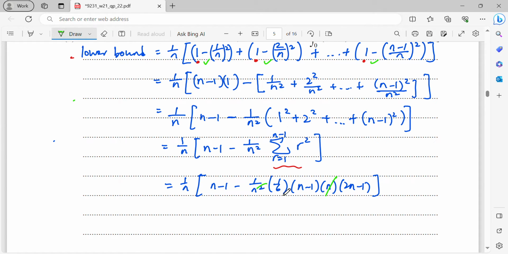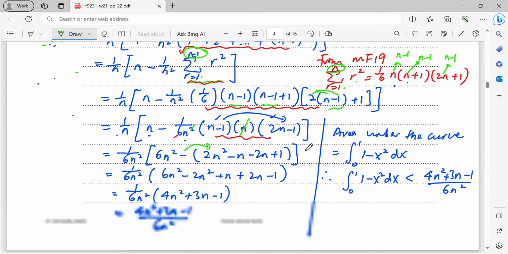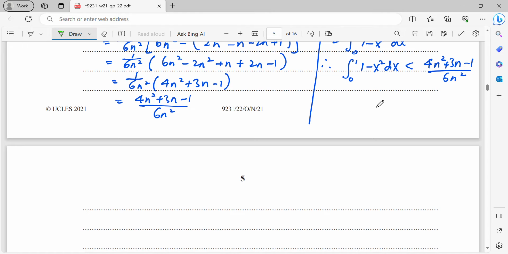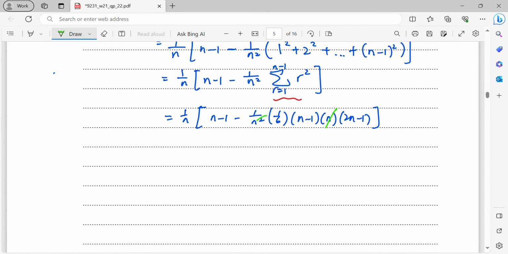Which means it is similar to previous, right? So from here, I will just simplify. I will get 1 over n, and this 6n will be taken out and combine with this. So 1 over 6n. Then now I times 6n to n minus 1.